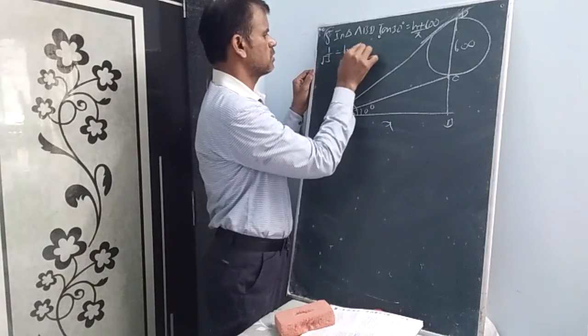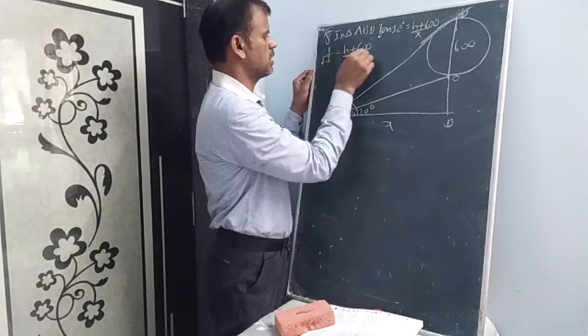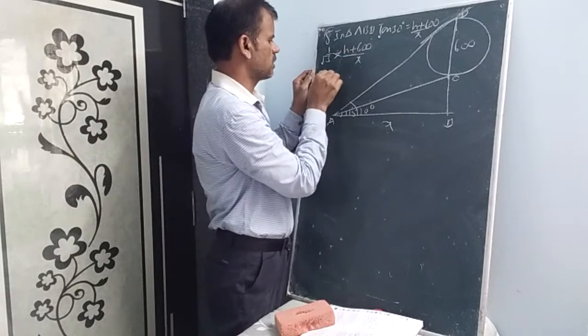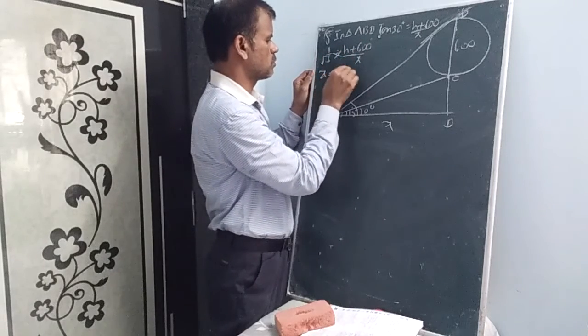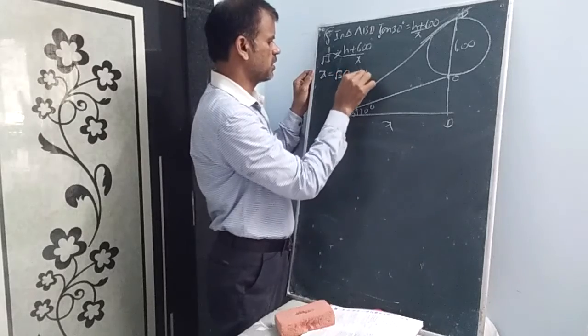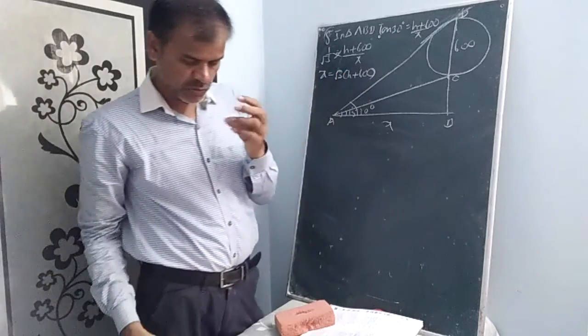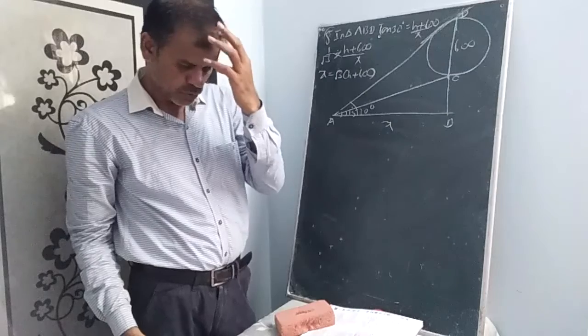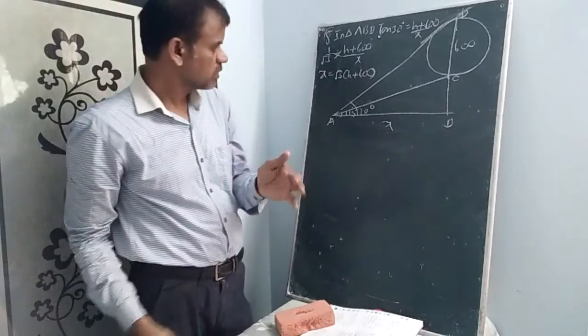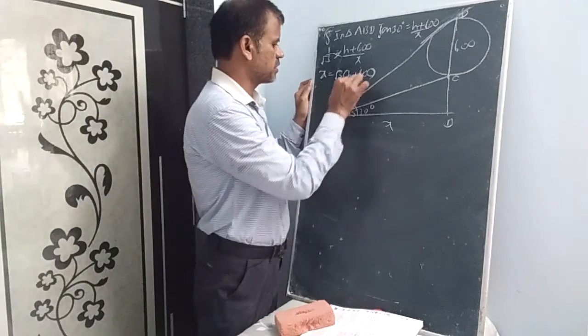So 1 by root 3 is equal to H plus 600 by X. Taking cross multiplication, X is equal to root 3 into H plus 600. Let it be the first equation.